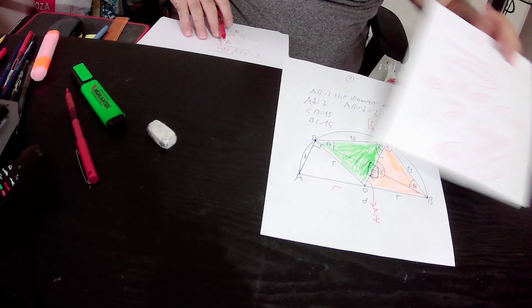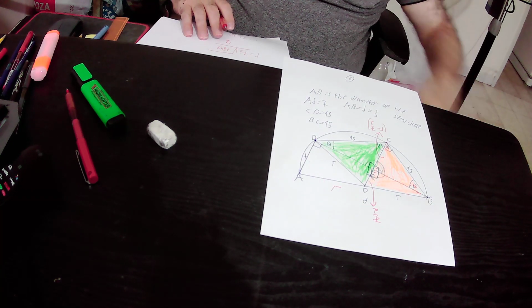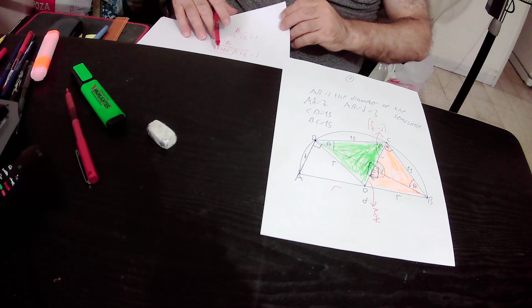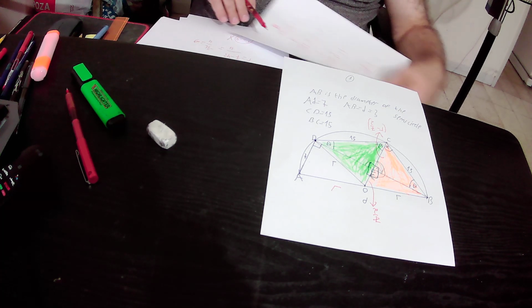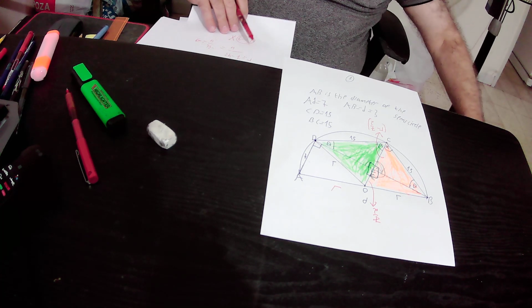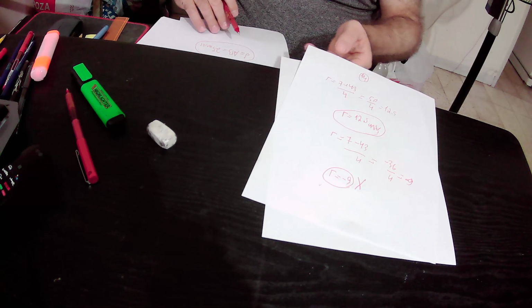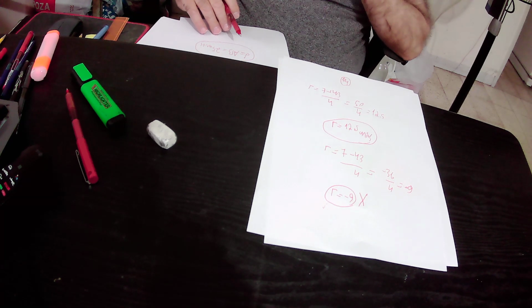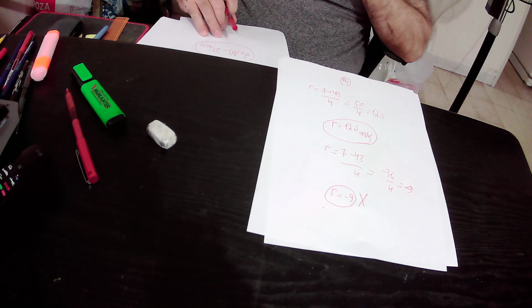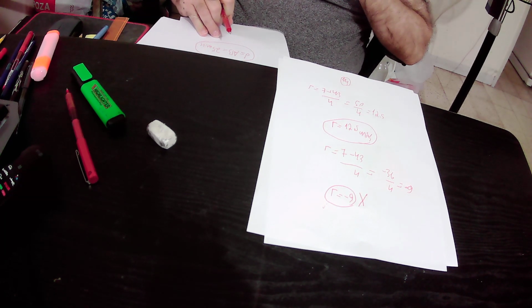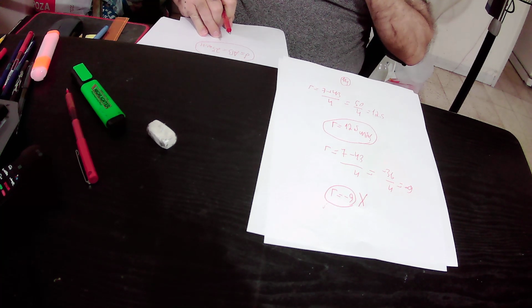and we found out that the radius of the semicircle equals 12.5 units, and we have also the second solution to the quadratic equation, the second root.